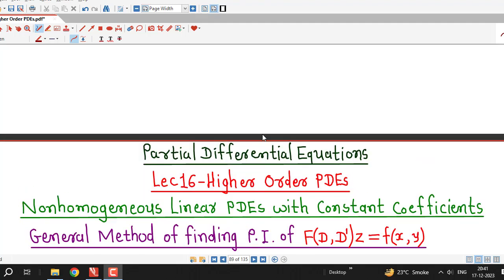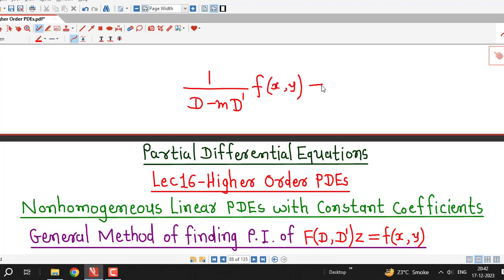Before going for this method, we recall the main formula: suppose we have 1 over d minus m d dash that we want to operate on the function f(x,y). Then we replace y in f(x,y) by c minus mx. This m is the coefficient of d dash here, and we integrate with respect to x.